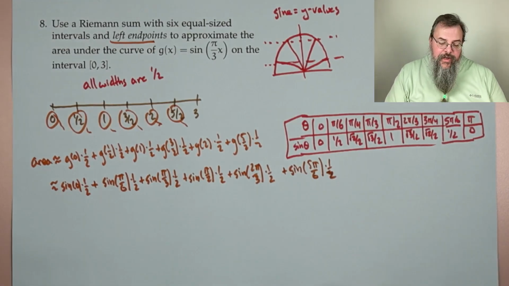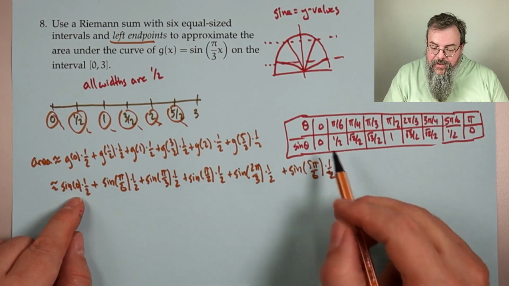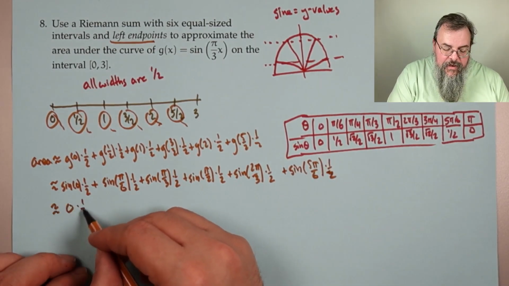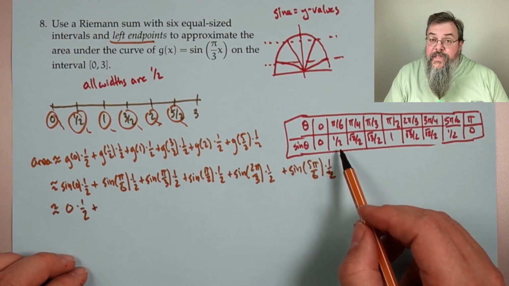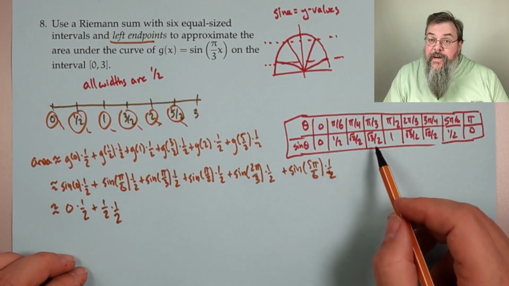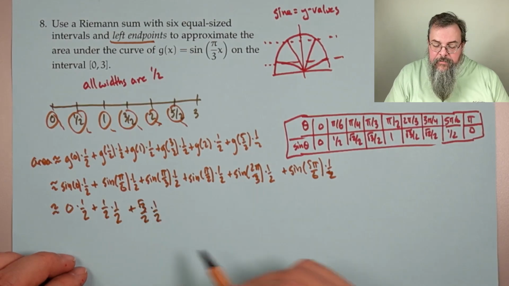All right, now here we go. Sine of 0 is 0, so this is 0 times a half. Sine of pi over 6 is a half, times a half. Sine of pi over 3 is square root of 3 over 2, times a half.